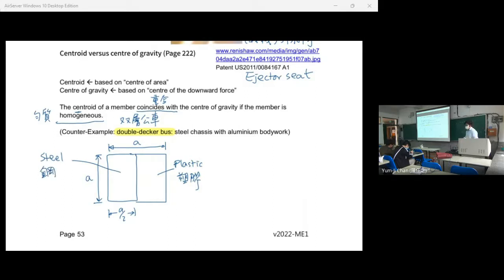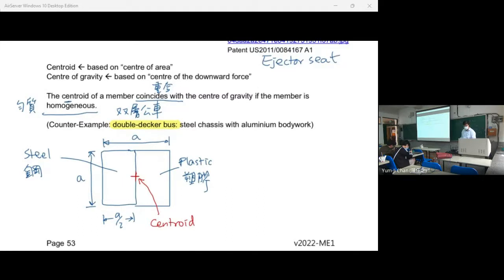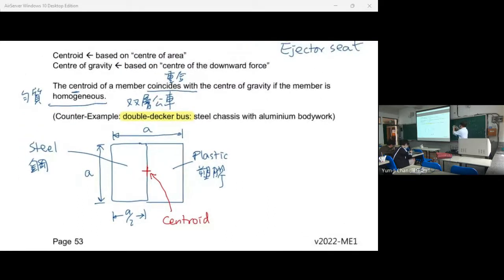And so when we talk about centroid, it is about the center of area. So the centroid of the area is here, right? Because it is based on the center of area. It is a square.